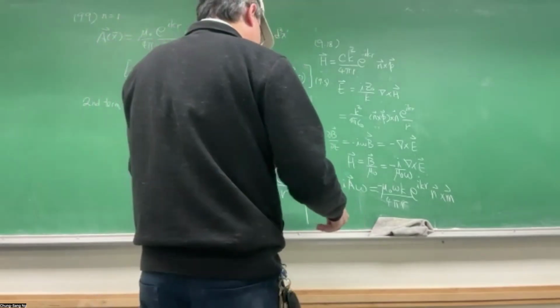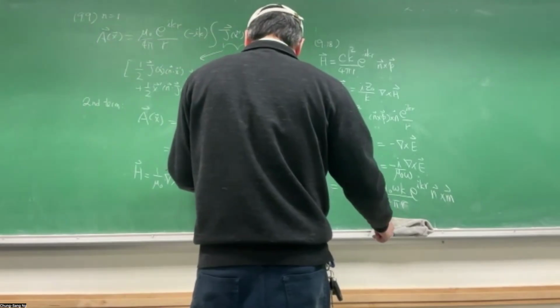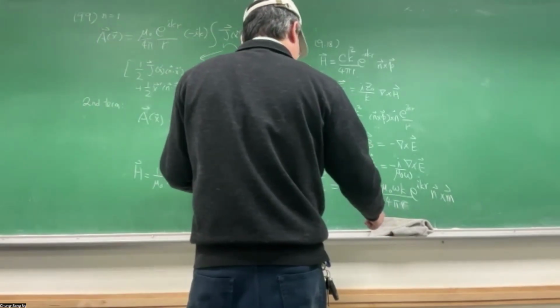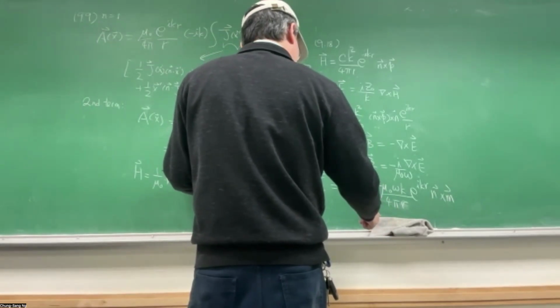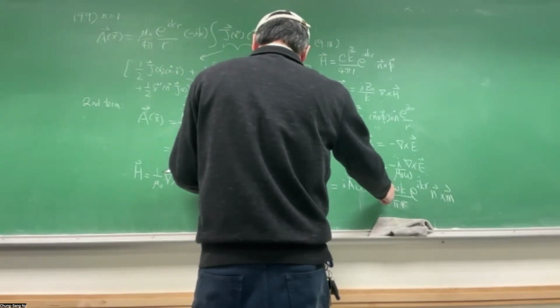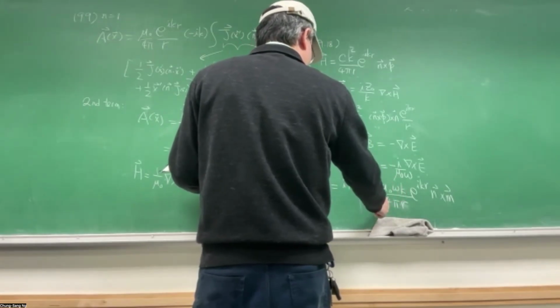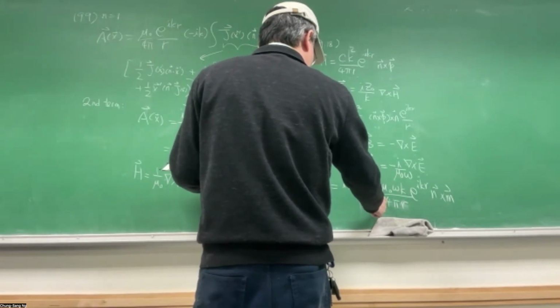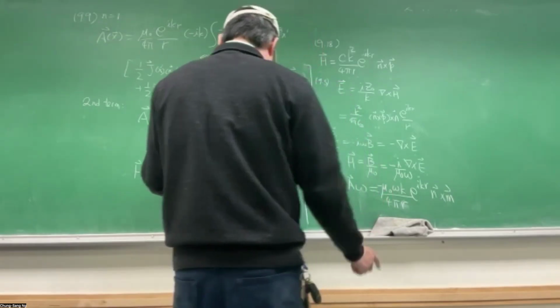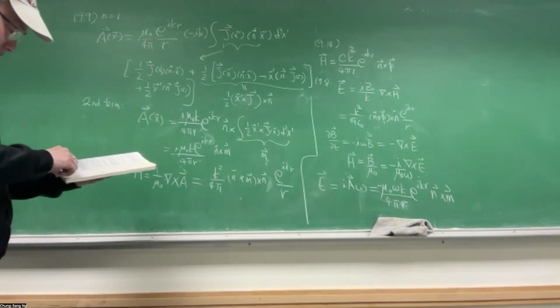So again, Jackson uses Z sub 0, which turns out to be exactly the same, because omega is c times k, so that becomes c k squared, and c is 1 over the square root of mu 0 epsilon 0, and multiplied by mu 0, you get that Z sub 0 is the same.